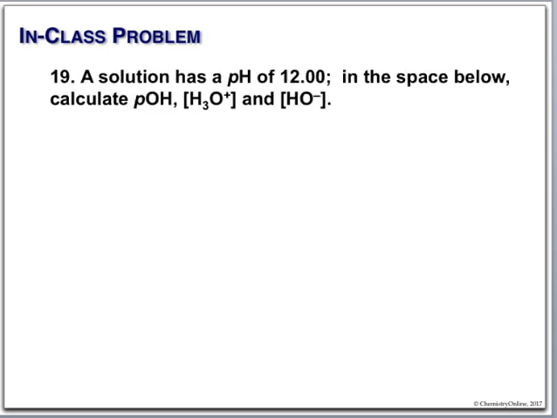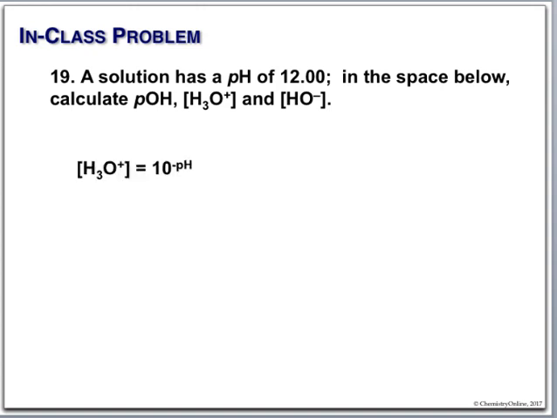We have a solution with a pH of some value. This is 12. Calculate pOH, hydronium, and hydroxide. On the exam, I would want you to show the formulas that you use to get there, and of course the correct answers.